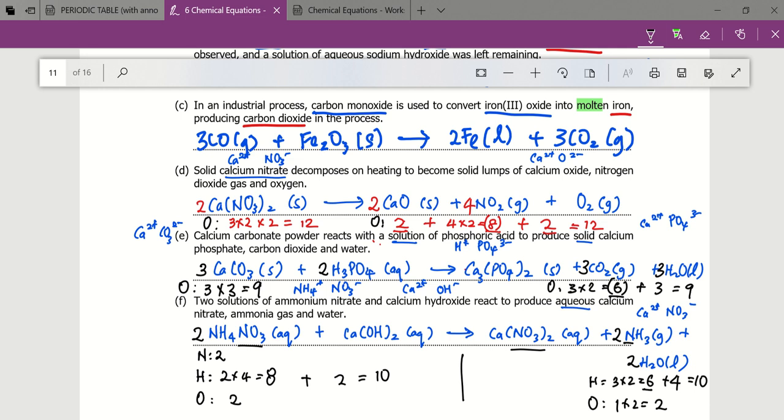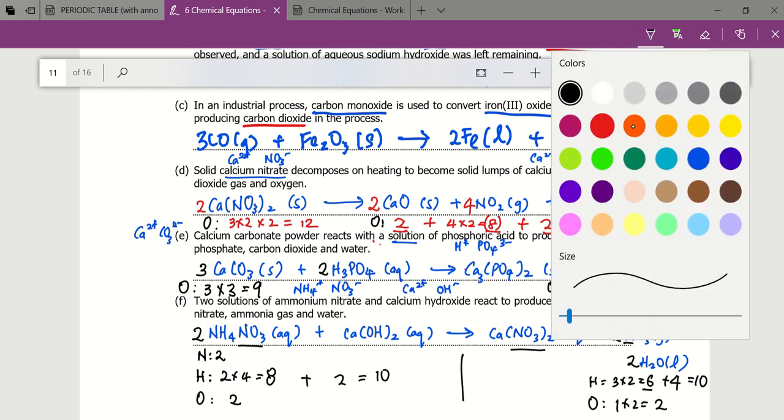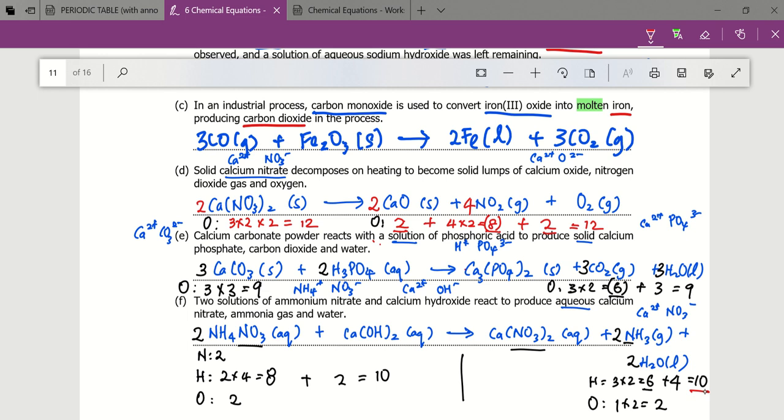You can double check again: I have 10 hydrogen on the right, 10 hydrogen on the left, 2 oxygen on the right, 2 oxygen on the left, and the number of nitrogen is balanced also. So this is my complete equation. I have 2 ammonium nitrate plus 1 calcium hydroxide, arrow, 1 calcium nitrate plus 2 ammonia plus 2 water. So this is my balanced equation.